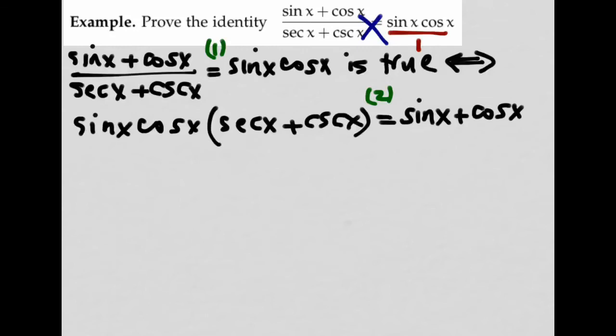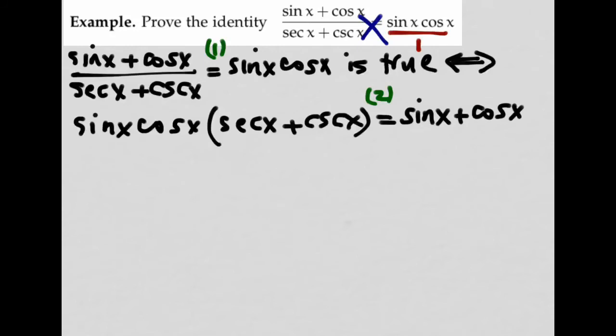Conversely, if we start with equation 2 and divide both sides by secant x plus cosecant x, you will see that you would wind up with equation 1. So that proves that if equation 2 is true, then equation 1 must be true.